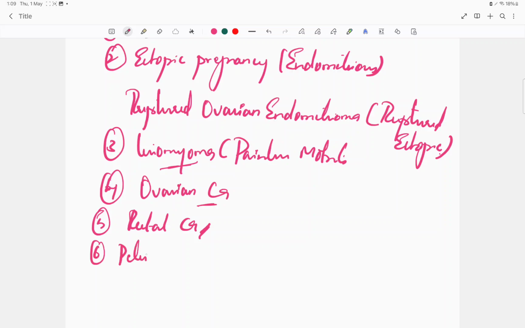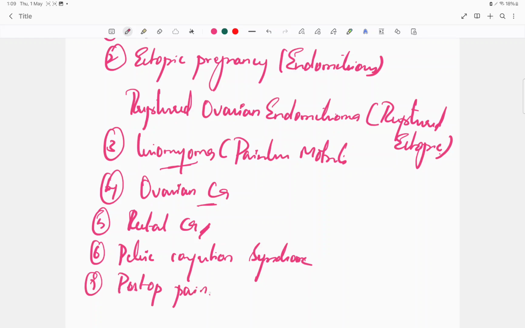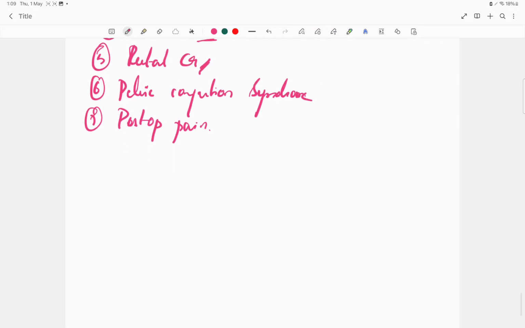Pelvic congestion syndrome also mimics endometriosis. And of course, post-operative pain, very rare. Other miscellaneous conditions, not much of importance, are ulcerative colitis, Crohn's, and irritable bowel syndrome. These are all the other differential diagnoses.